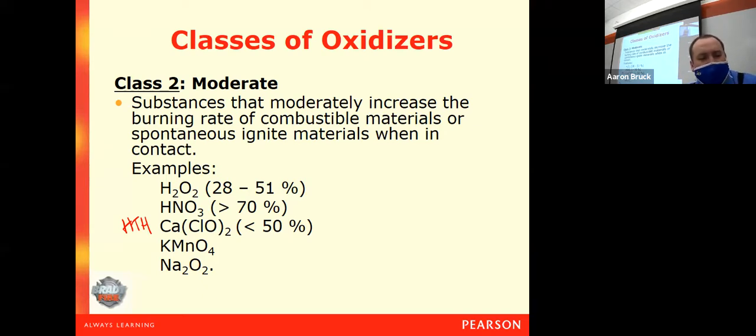Sodium peroxide, Na2O2. You'll actually get a chance to work with a little bit of this stuff when you do your oxidizers lab. Just a small amount just to see how it reacts when it decomposes.